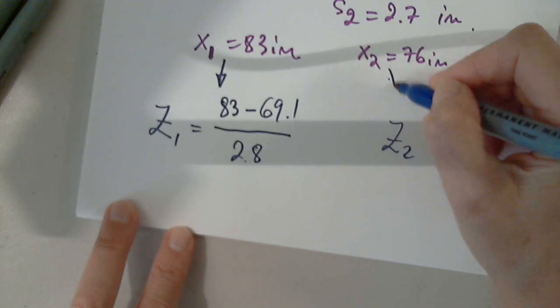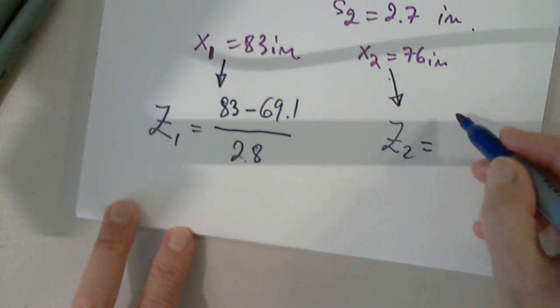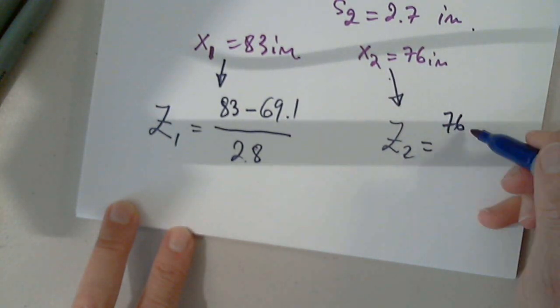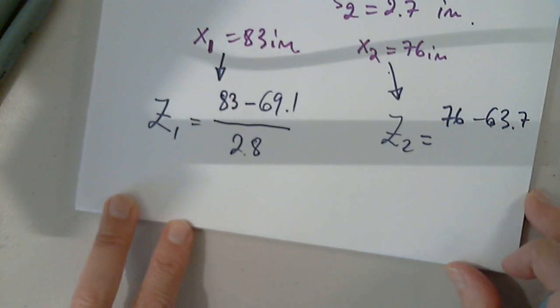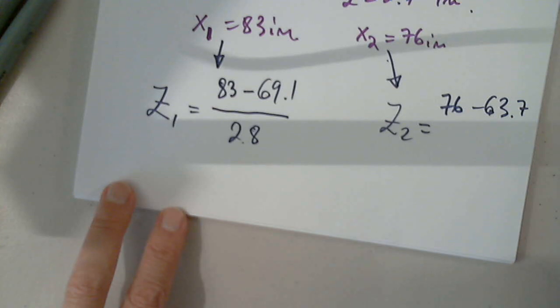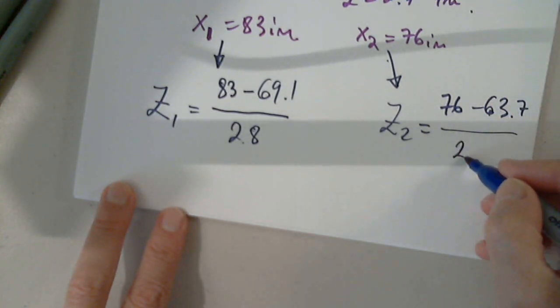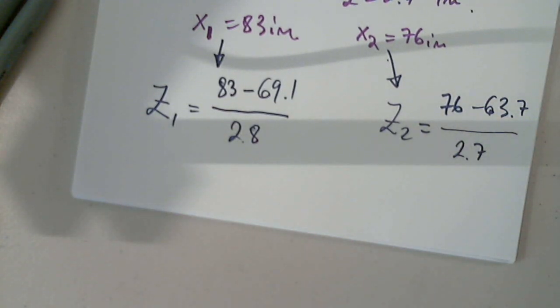Also, we are going to determine for Candace her height minus her mean from the sample she's coming from divided by the standard deviation of her sample. And now we will see which one is relatively taller.